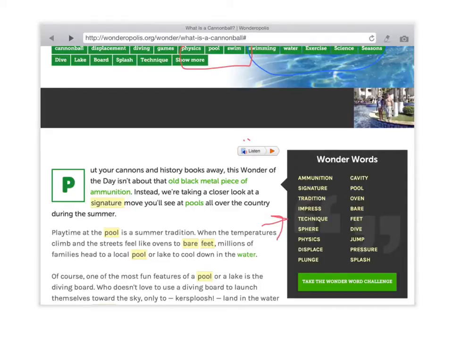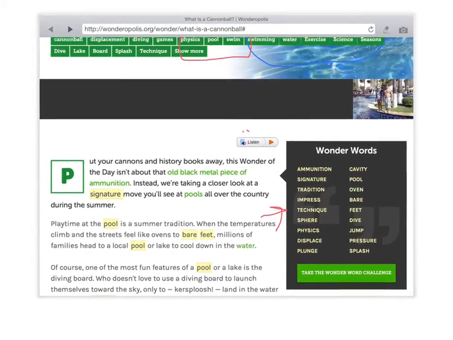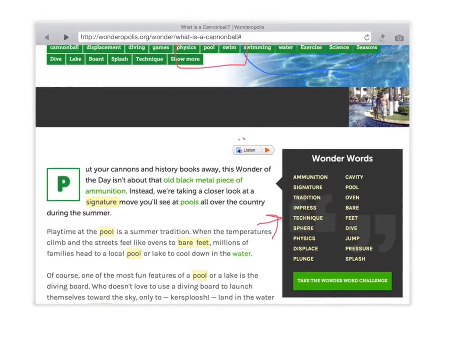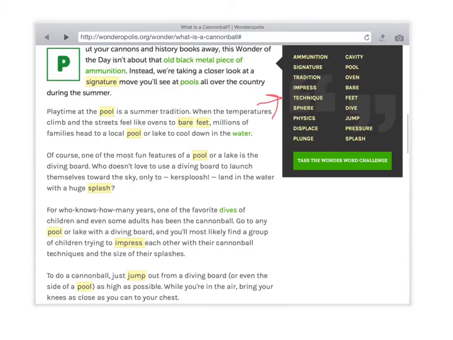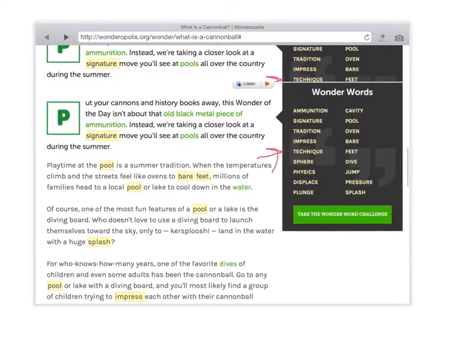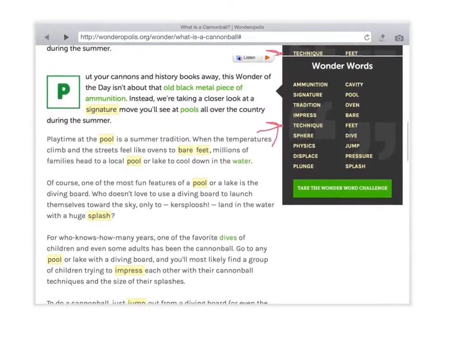So we've got ammunition, signature, tradition, impress, technique, sphere. Okay, so I'm looking through those words, and now I'm going to scroll through and look at what we've got in green words, some of the old piece of metal of ammunition.